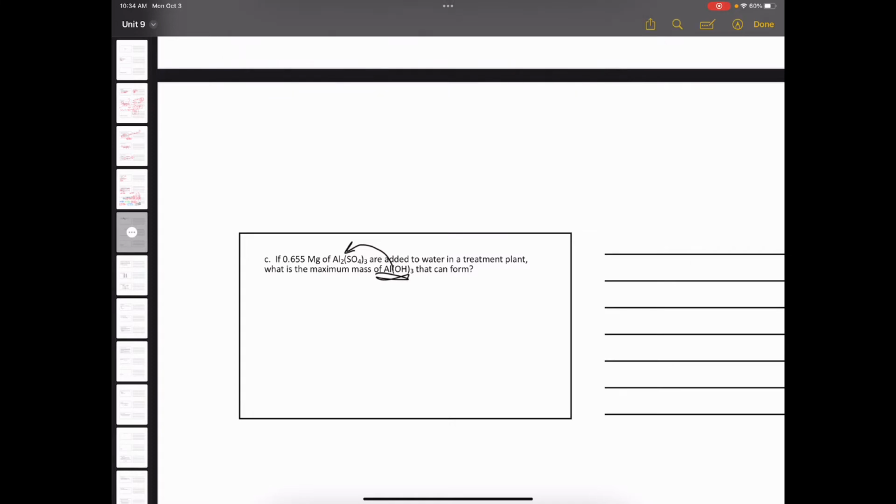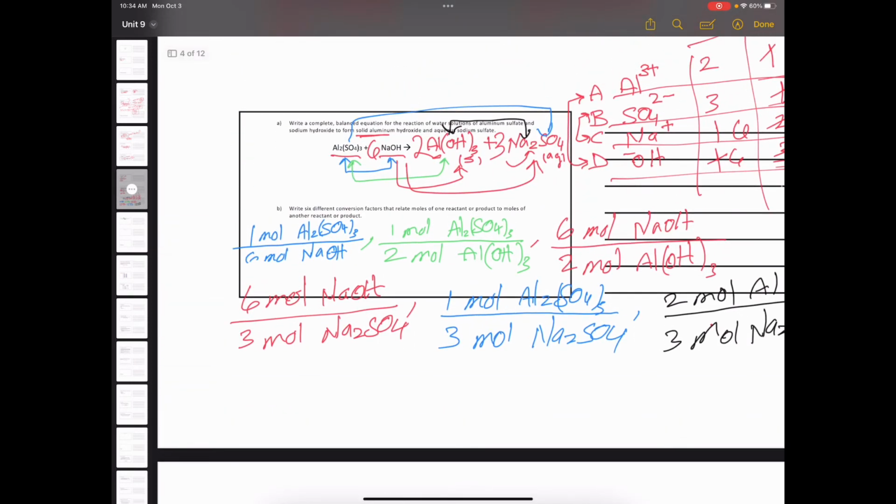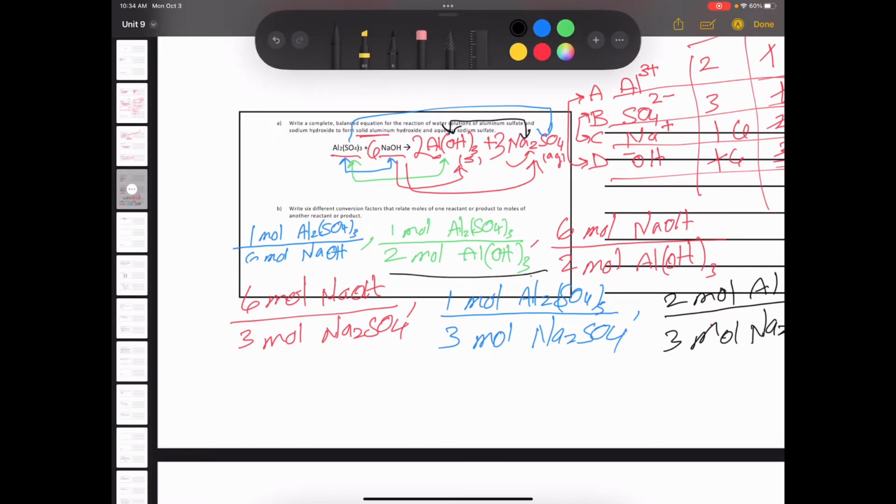So going back to the conversion factors that we just did, this is the one that we're going to use for our example, because we can convert between the aluminum sulfate and the aluminum hydroxide.